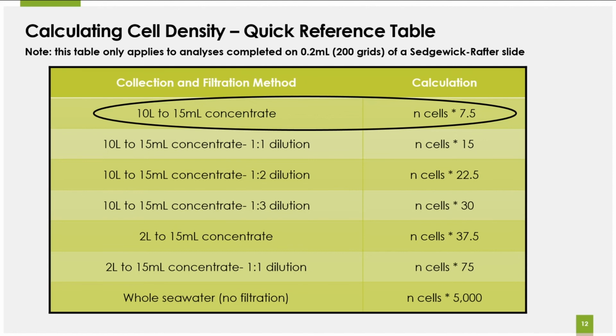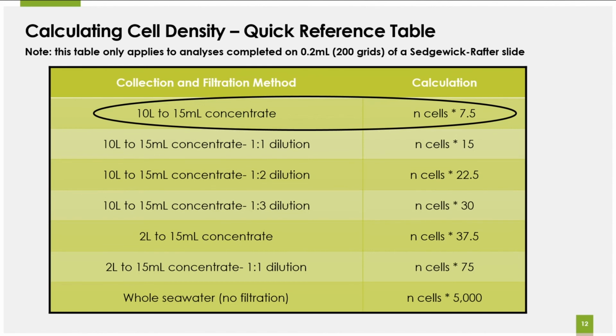Essentially, note this up here: if you're counting 200 grids of a Sedgewick Rafter slide, which you typically would do, of a 10 liter to 15 ml concentrate, which is what you typically would be looking at, all you do is take your number of cells and multiply by 7.5, and that gives you cells per liter. So if you see one cell, it's 7.5 cells per liter. Done.